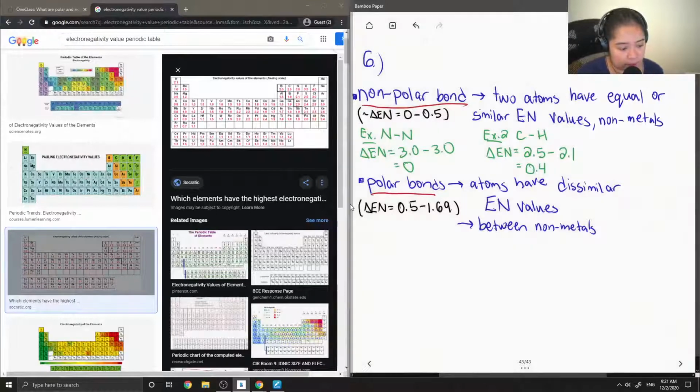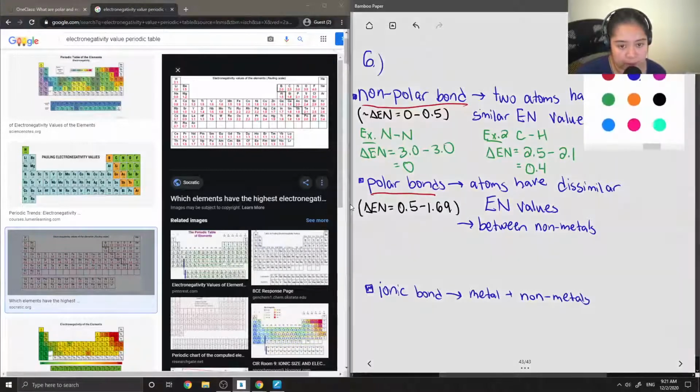So every time you see a metal and a nonmetal, this is referred to as an ionic bond. So if you see a metal involved, you already know that it will be ionic.